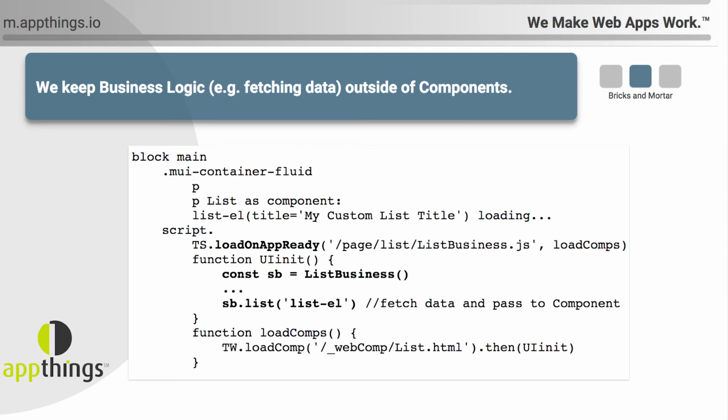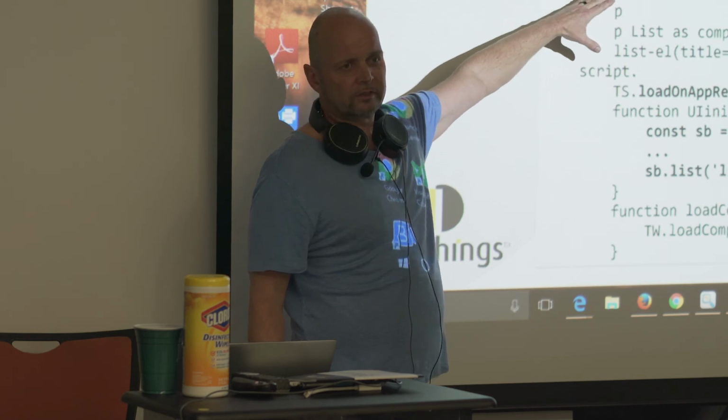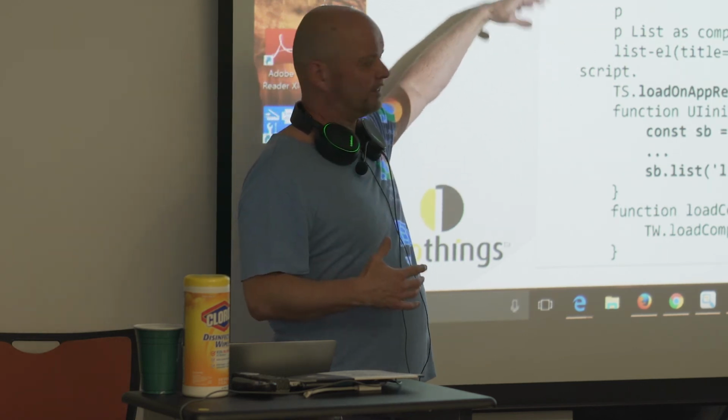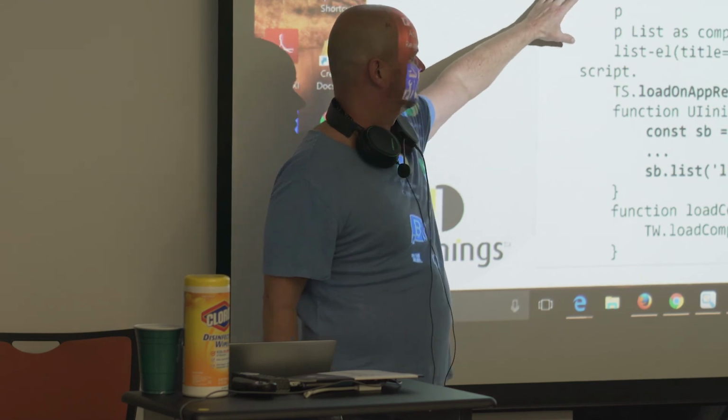Block in Pug means it's a piece, because Pug allows you to use templates where you have an overall frame template for everything, and then you say, fill it with this. In this case, that's filling the content wrapper, the main page, not the header, but the main part of the page.